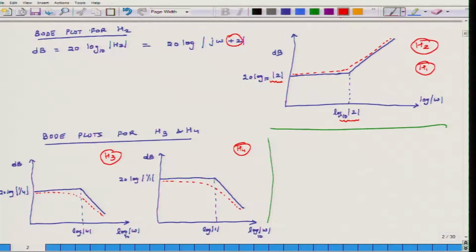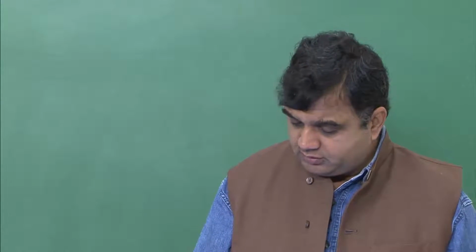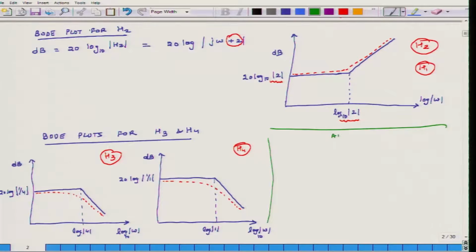So, now I make some observations. So, what is my next step? My aim is to develop the Bode plot for the entire function. So, what I do is I add up the Bode plots. And the way I add it up is that on the frequency range I see what are the breakpoints where the curve is expected to change.